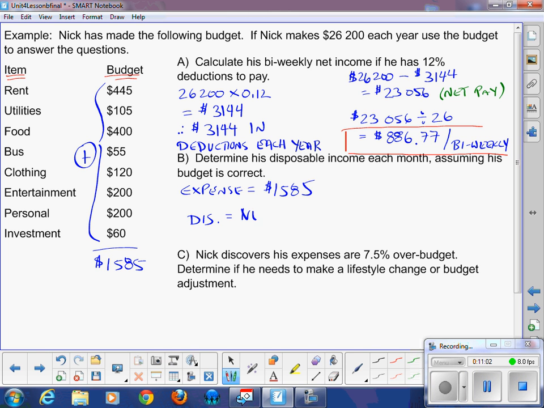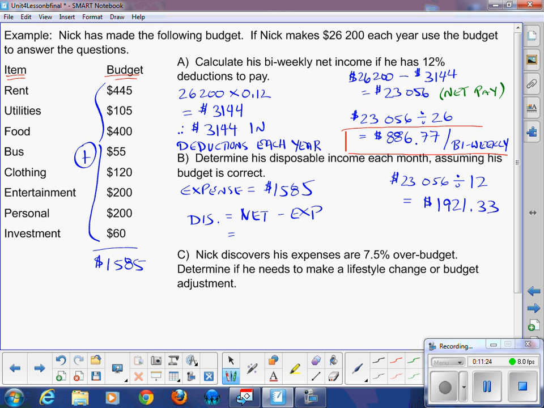So disposable, again, is your net minus expenses. And we have to figure out his net income. Well, we know his net pay was $23,056. We're going to divide that by 12 because we need to know it in terms of monthly. So when we divide that by 12, we know that each month his net pay will be $1,921.33.